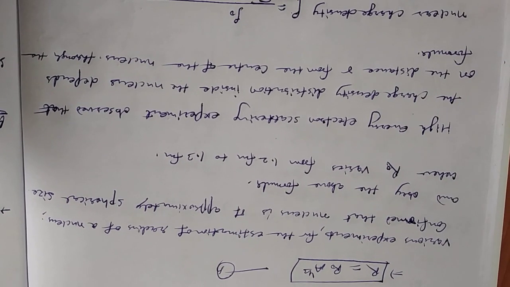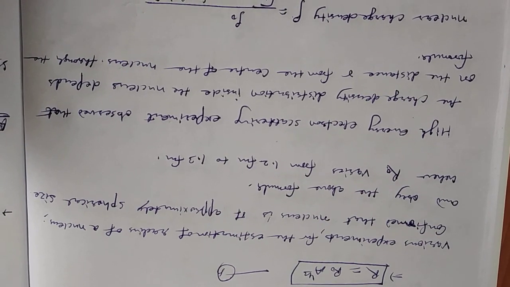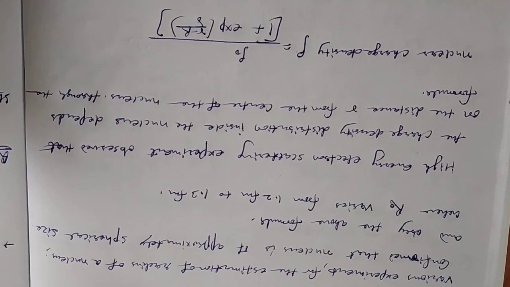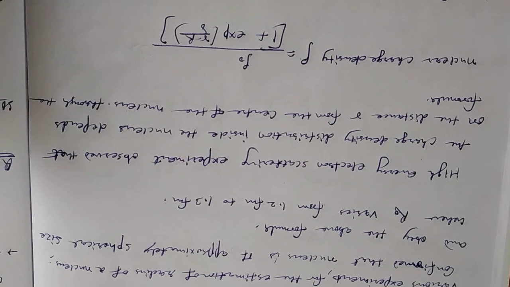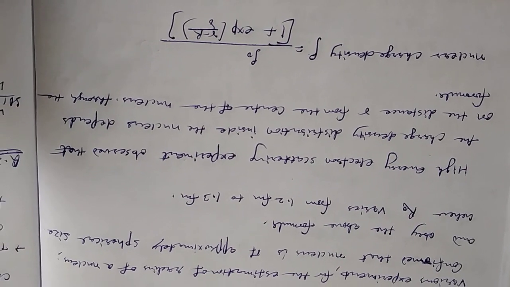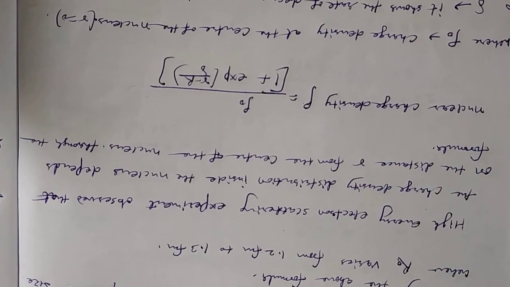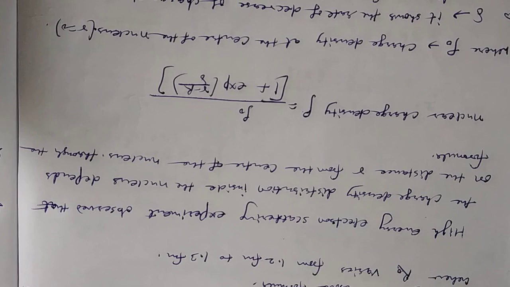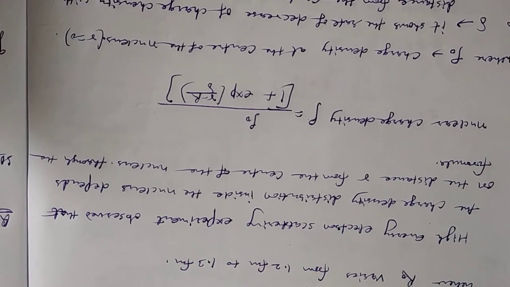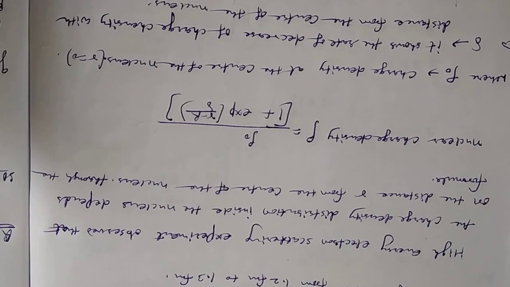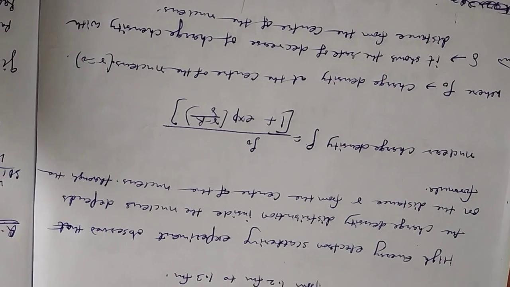Here this is the charge density, and rho0 is the charge density at the center of the nucleus, which means at r equals 0, and delta shows the rate of decrease of charge density with distance from the center of the nucleus.